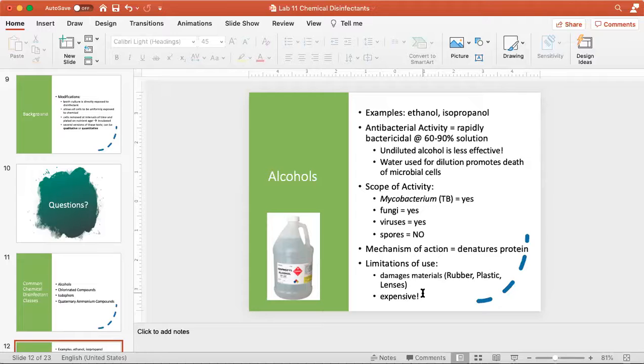The other limitation to alcohol is that it's very expensive. A 1 gallon jug of pure, concentrated alcohol like this probably runs about $100 now. So if you're buying this as a disinfectant, you have to take that cost into account.